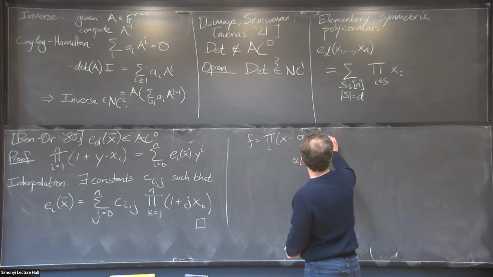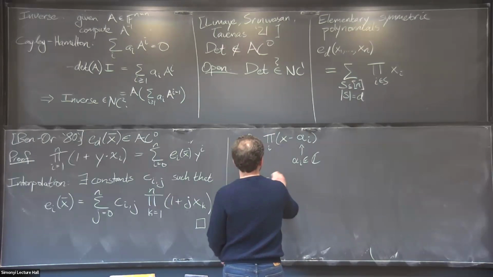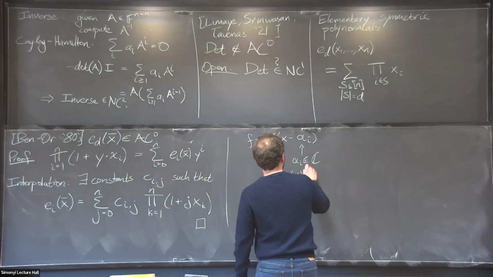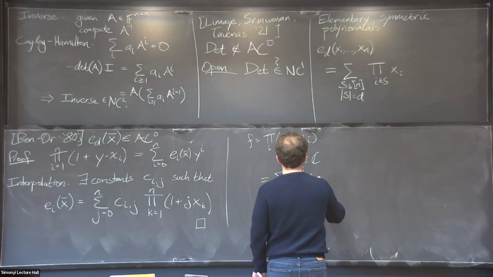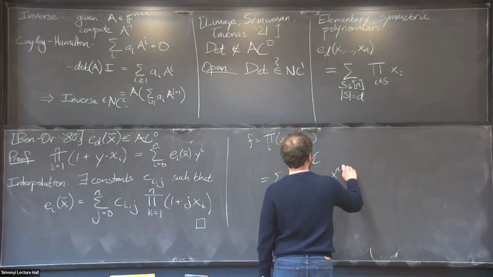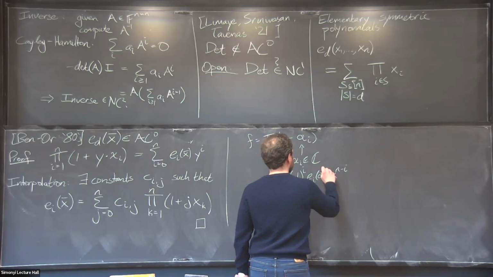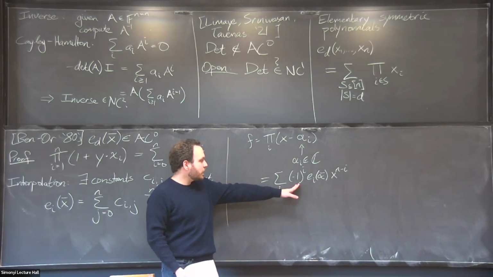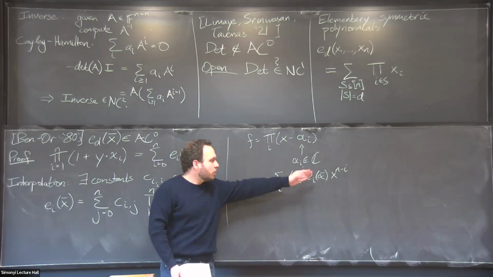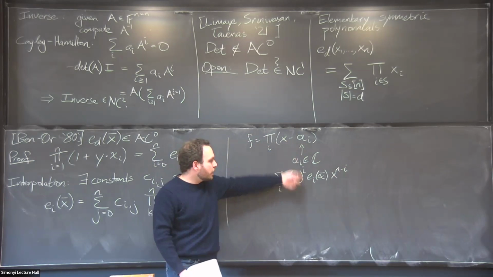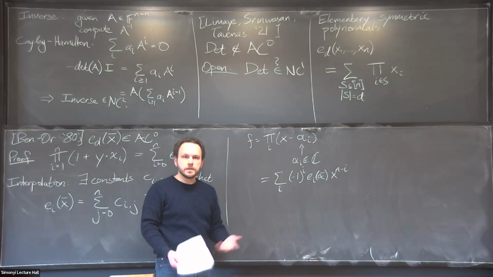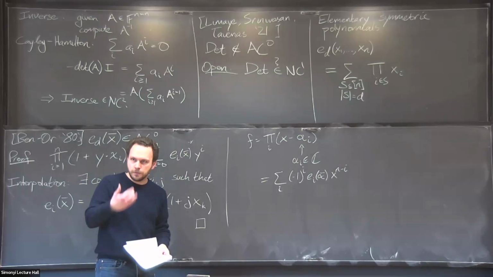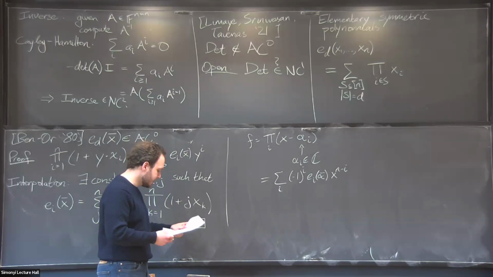So if you write this as a polynomial in x, what are the coefficients? The coefficient of x to the n minus i is the ith elementary symmetric function of the roots. So the point here is up to this sign. Forget the sign for a second. What are the coefficients of this polynomial? The elementary symmetric functions of the roots. So that's one reason to care about these: somehow these are connected to roots of polynomials, from their coefficients, which we'll need later on for the GCD.